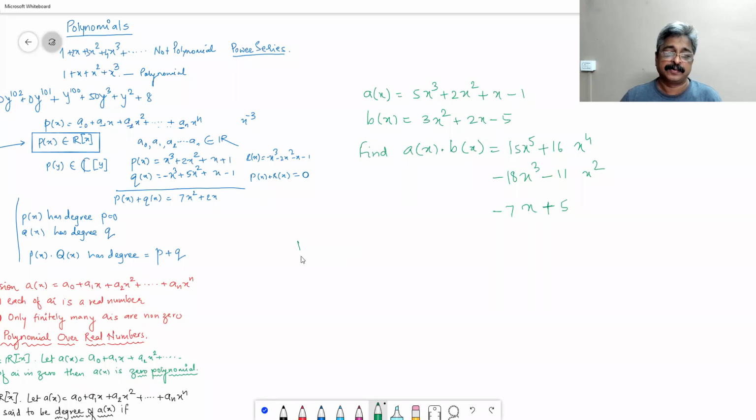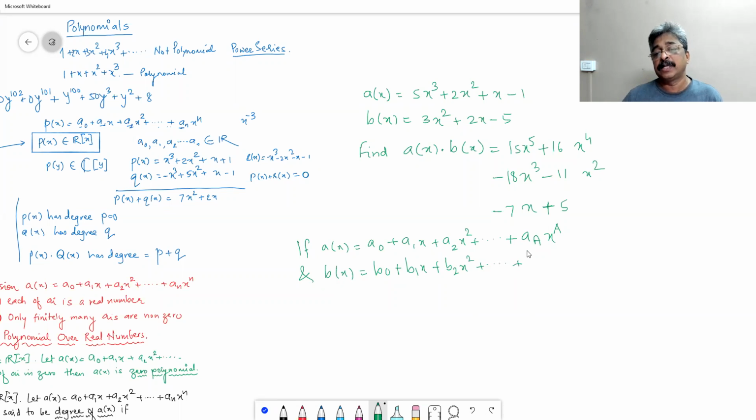So if a of x is equal to a0 plus a1x plus a2x square plus dot dot dot plus a_m x raised to m, and b of x is equal to b0 plus b1x plus b2x square plus dot dot dot plus b_n x raised to n, and full stop.